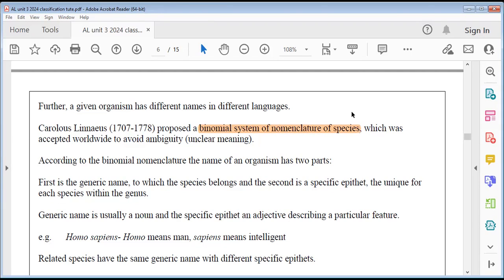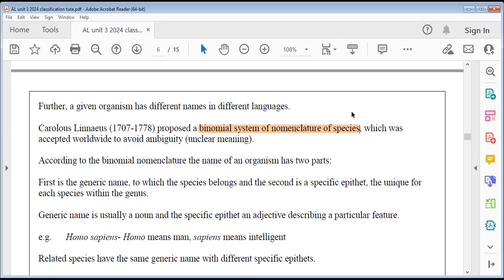When Carolus Linnaeus in the 1700s proposed the binomial system, after that, for these 300 years, how many people would have brought how many methods? Think of it. But Carolus Linnaeus's one was very comfortable and very special. That's why it is still in use.